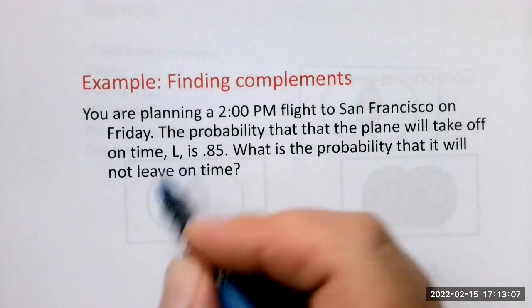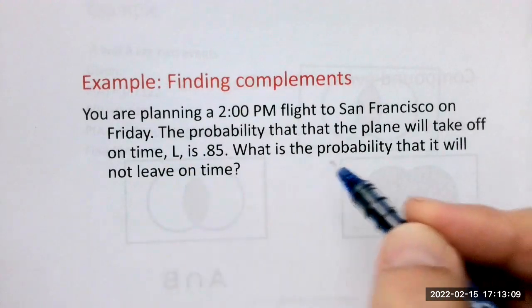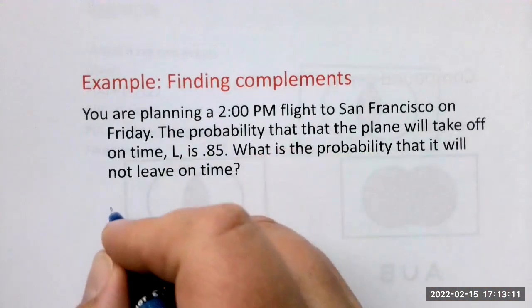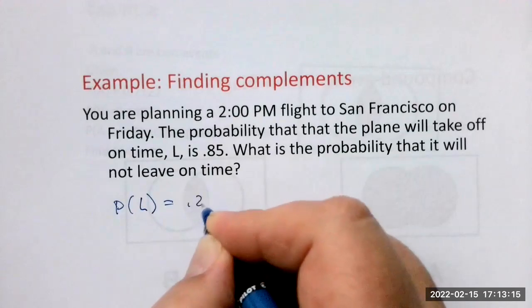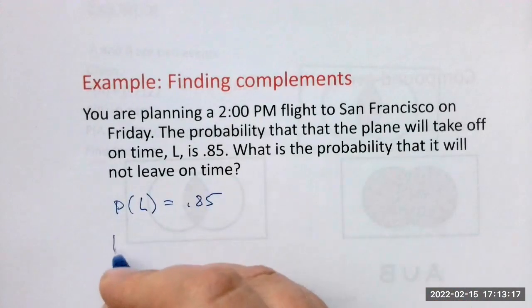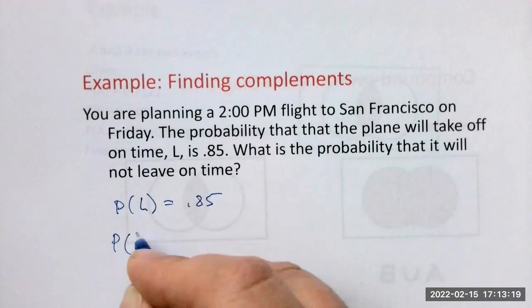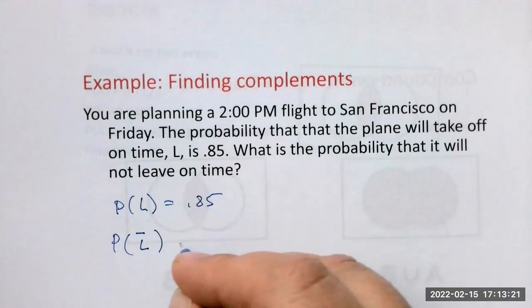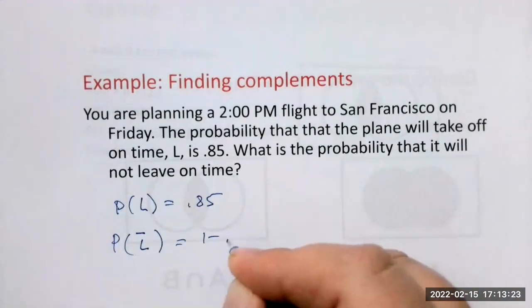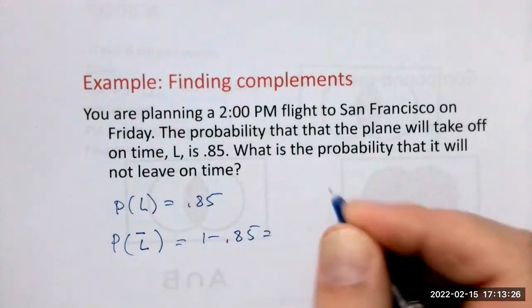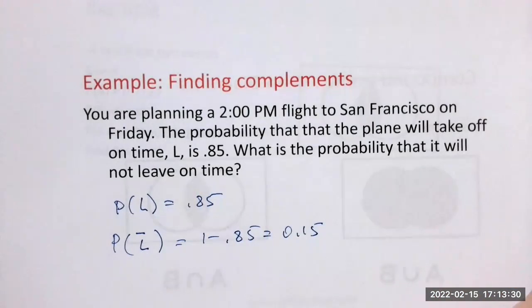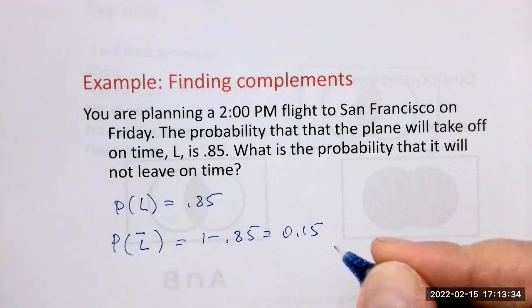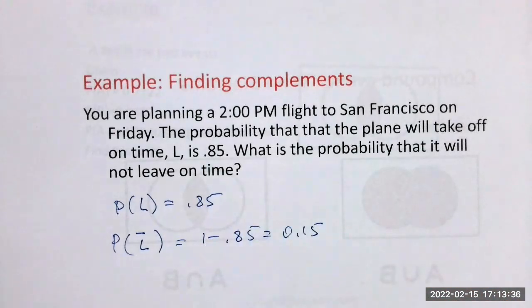Since the probability of L is 0.85, the probability of not L is 1 minus the probability of L, and that's 0.15 or 15% chance. So together they should make 1.